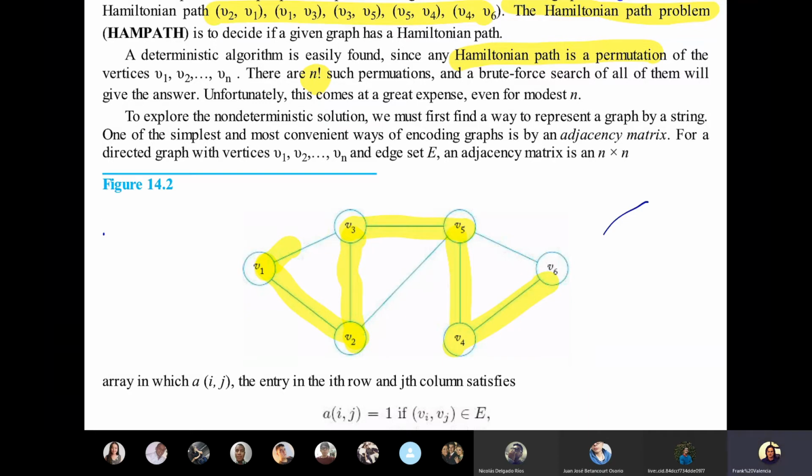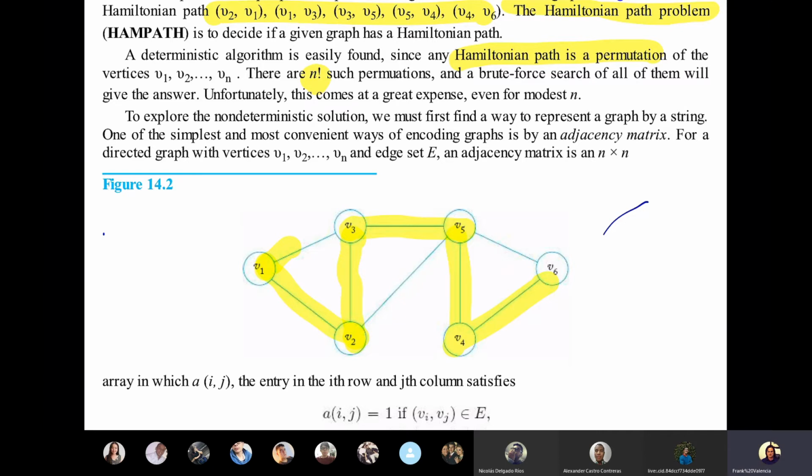Do you understand that? Yes. If the algorithm that tries all paths in the graph is non-deterministic or deterministic? If you try all paths, you are normally deterministic, yes.